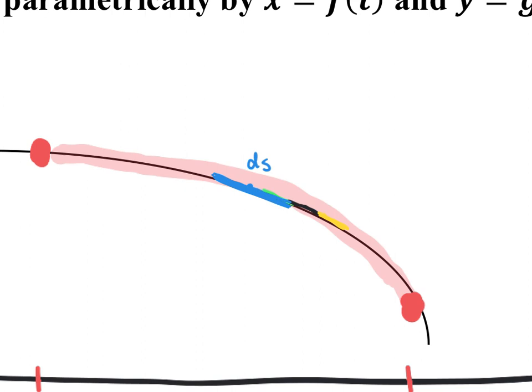If that's ds, and we're thinking about change at this particular moment, we're so zoomed in that it's a very minor change, but I'm making it look bigger so we can draw it in. This would be my change in x, and this would be my change in y. Those two items describe my horizontal and vertical change. Based on our differentials, we're trying to calculate the hypotenuse of this little triangle.